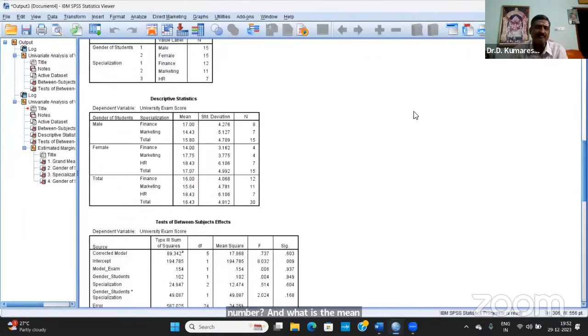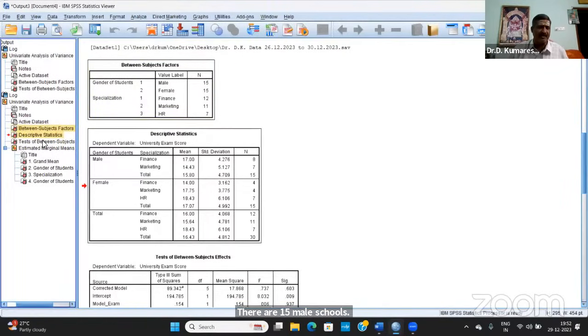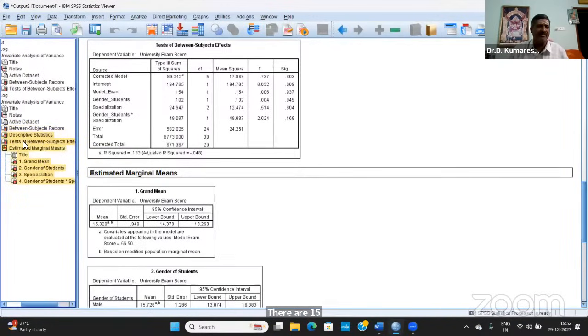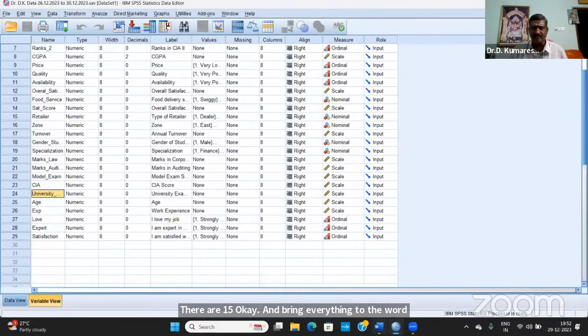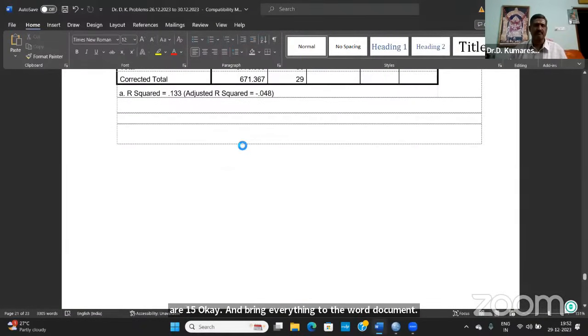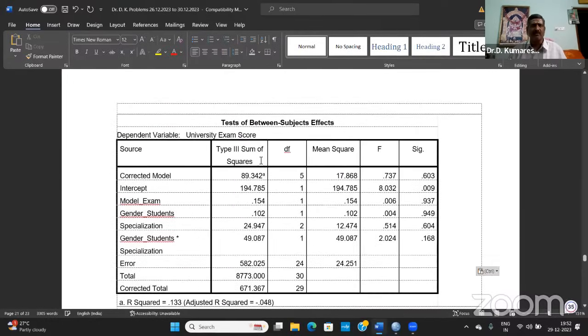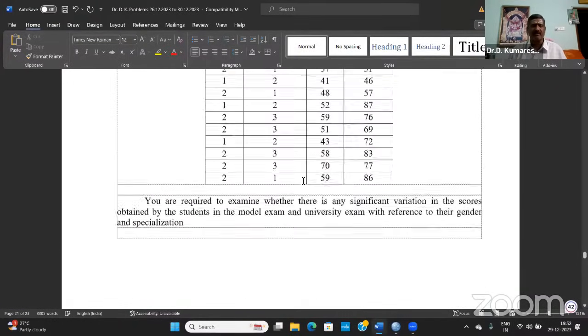Look at here. As far as the male students are concerned, there are 15 male students. Otherwise, I'll bring everything to the Word document.